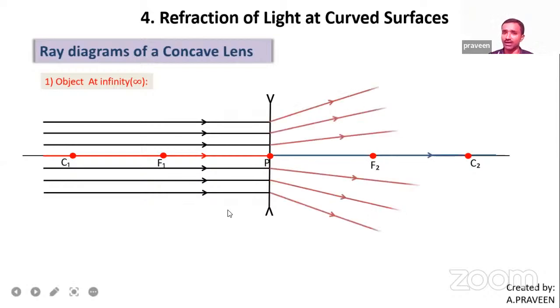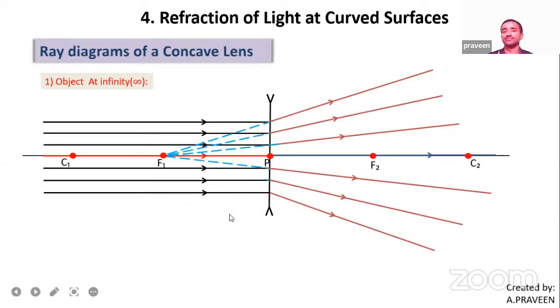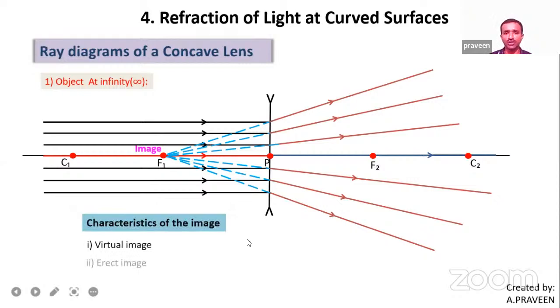From the backward rays, the image is exactly at F1. Like this you can obtain the image when the object is at infinity. The characteristics are: virtual, because backward light rays give the image. It is said to be erect, but there is no comment in our textbook, so you don't write anything.